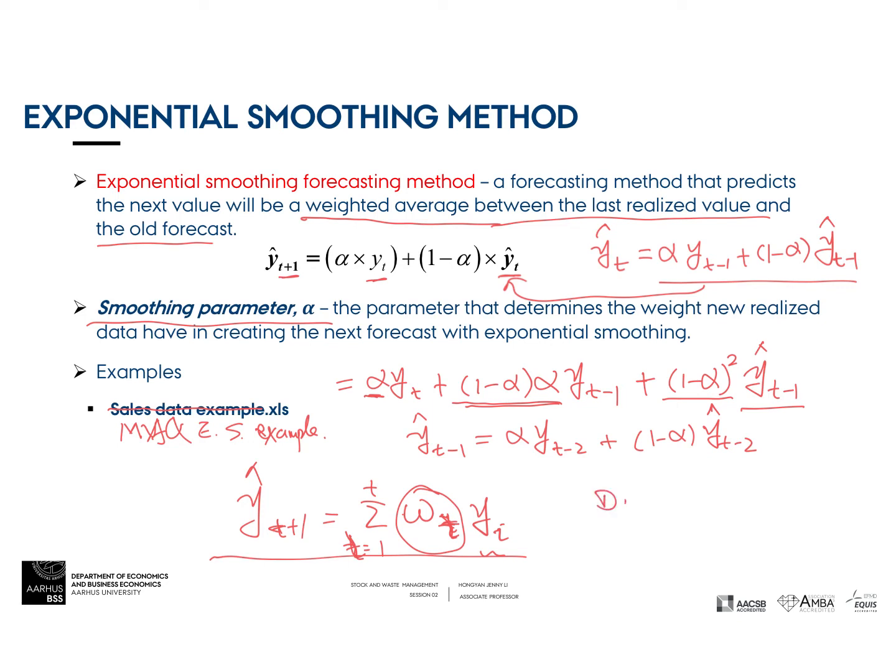Excel has a data analysis pack, and in the data analysis tool you can find exponential smoothing. More important is that you understand the meaning of alpha, whether you want a higher alpha or a smaller alpha. Then you can directly generate the output from Excel. It's an automatic process.